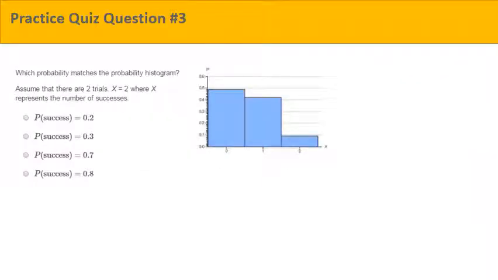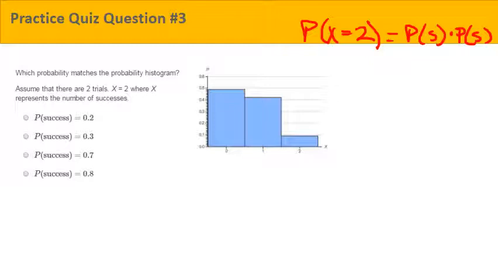All right, so this is just like your question 3. So don't forget that the probability of getting x equals 2 equals the probability of success times the probability of success. That's how we got that x equals 2 right here.